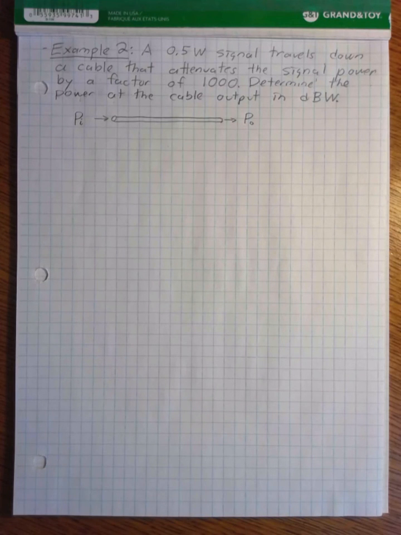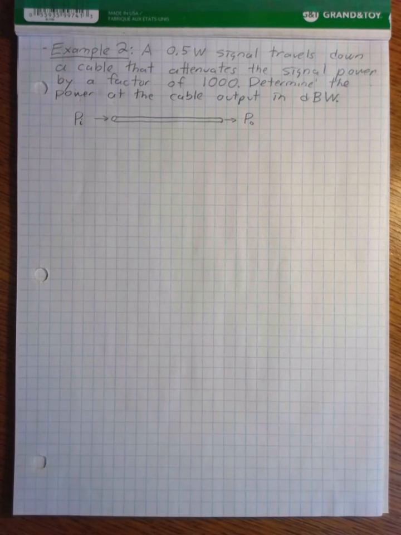So our output power is often 10 billion times weaker than the input power. It gives you an appreciation for how amazing it is that our communication systems work at all.